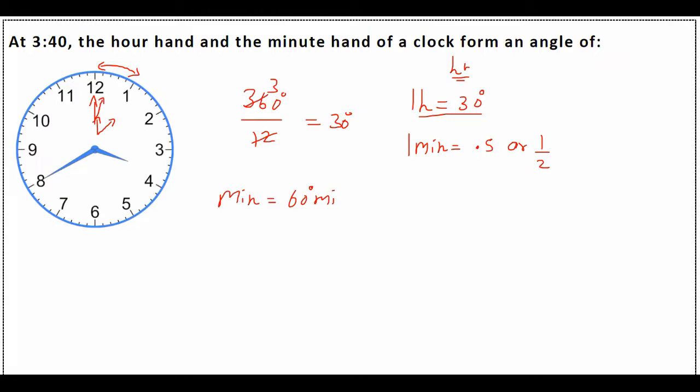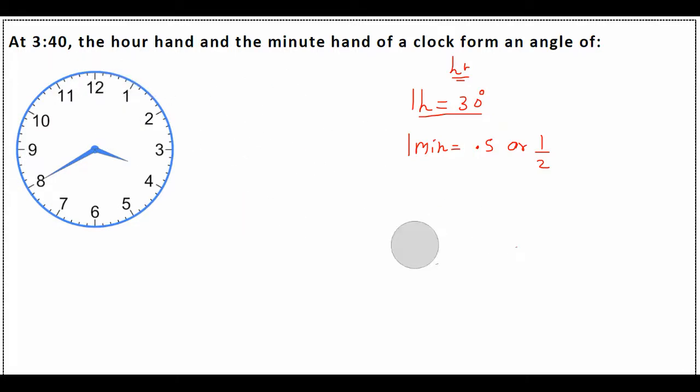So the hour hand forms an angle of 0.5. How does this 0.5 come? These 30 degrees the hour hand has to travel, in the same time the minute hand travels a complete 60 minutes. So divided by 60, if we cancel that, we get 1 by 2. Clear? So now let's solve this question.